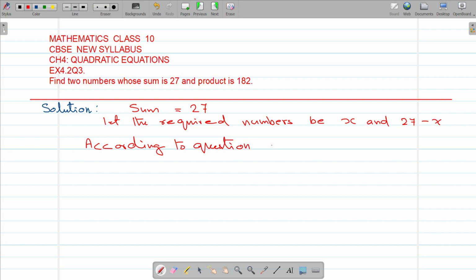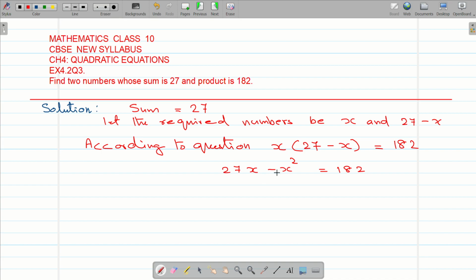the product x into 27 minus x is equal to 182, or 27x minus x squared is equal to 182.